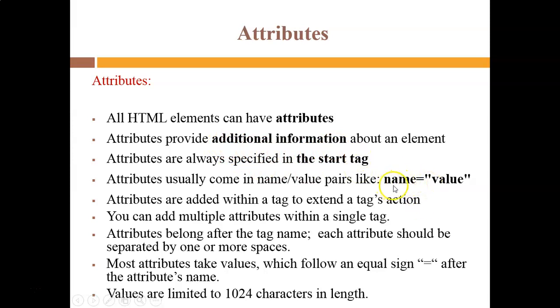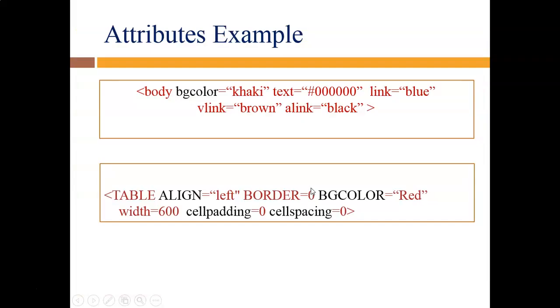Always we use first the name of the attribute, then the assignment operator, and then in double inverted commas we specify the value: the hex value, the name or the value. And if you observe here, we just give a single space in between for defining multiple attributes.